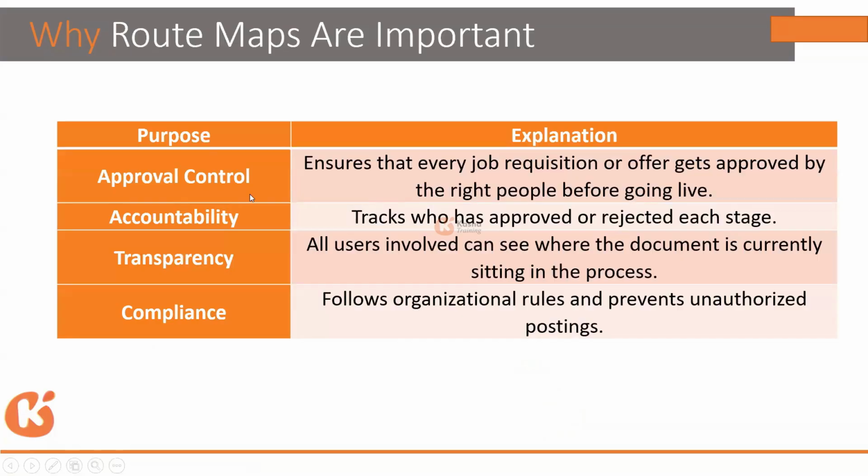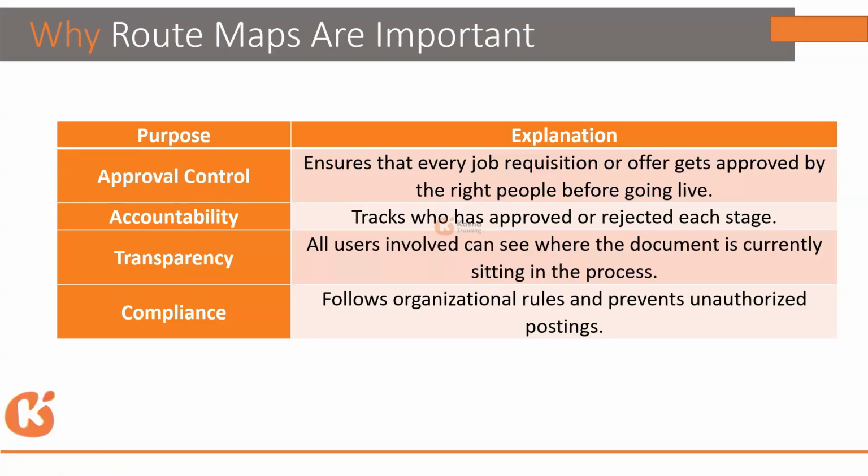Now, a route map is important because it controls your approval authority. You know to whom the route map will go once you create it. Another reason is accountability. It holds a person accountable for why they selected or rejected a particular application.